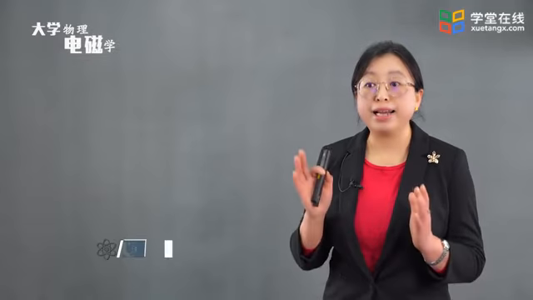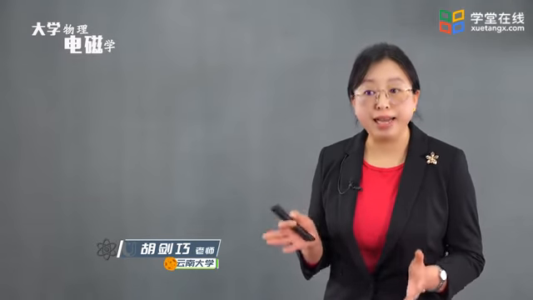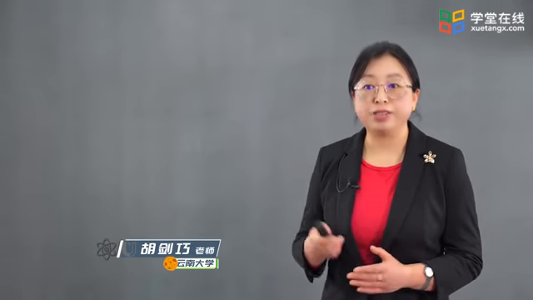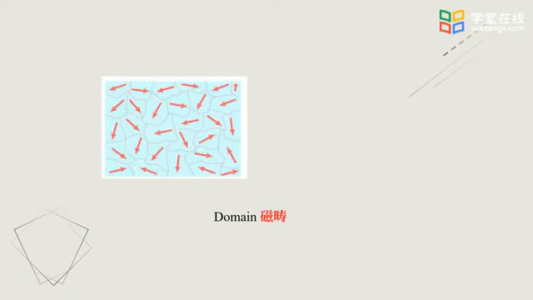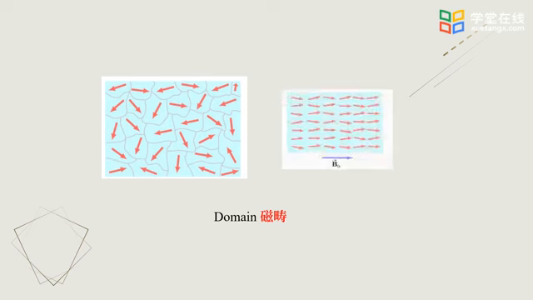Let's explore the magnetic effects of ferromagnetic materials in detail. As shown in the figure, all ferromagnetic materials consist of microscopic regions called domains. In the regions of the domain, all magnetic moments are aligned. Please look at this figure.